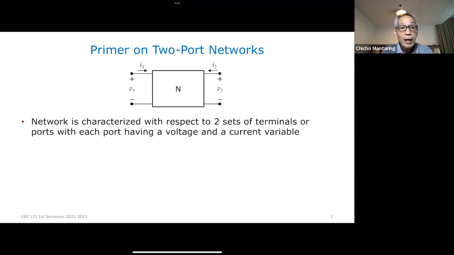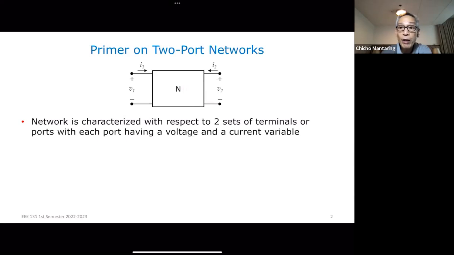Well, this is a network that can be characterized with respect to two sets of terminals or ports, with each port having a voltage and a current variable. So imagine a network N. This can be a very simple network. It can also be a very complicated network, complicated in the sense that there are tens or hundreds of components inside this particular network.